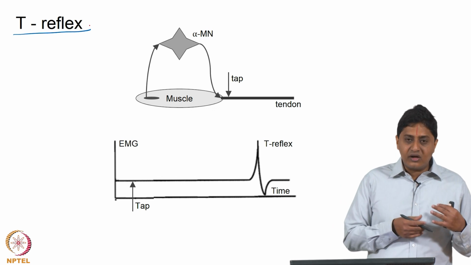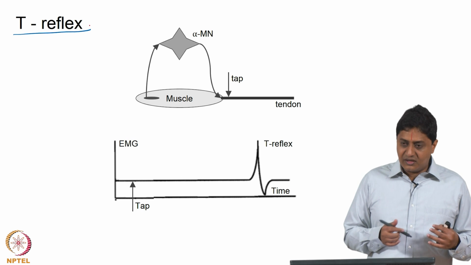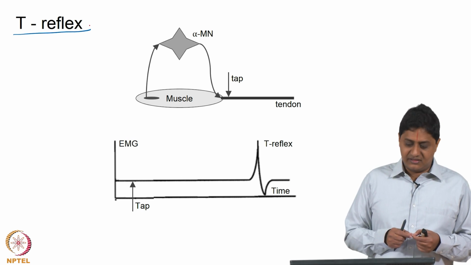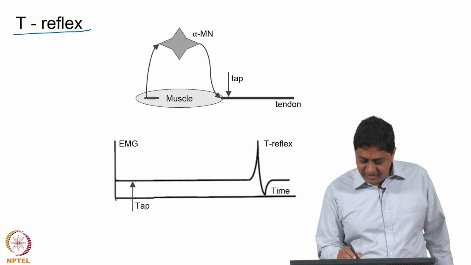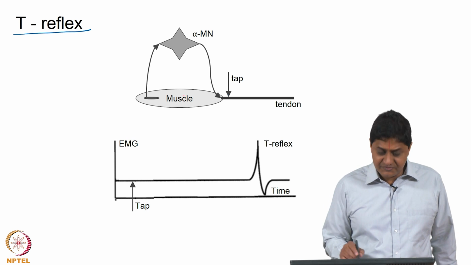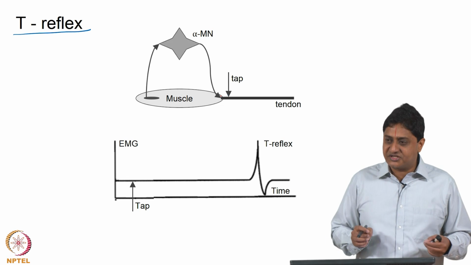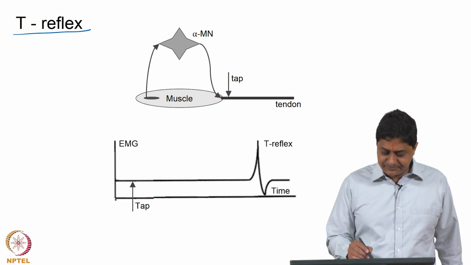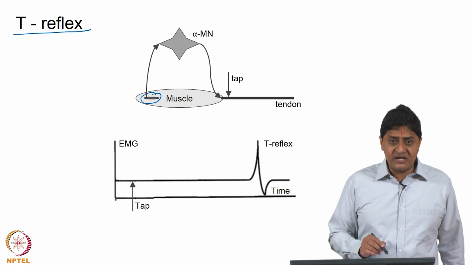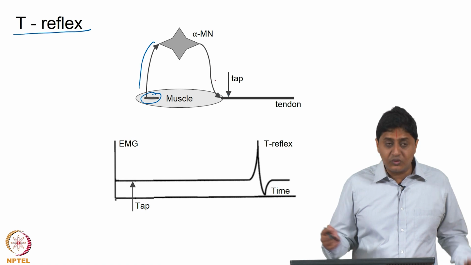The electrical analog of this T reflex is the H reflex. The T reflex is a monosynaptic reflex. So, if I tap the tendon, the muscle spindle senses the sudden stretch, and then immediately the 1A afferents will start firing and command the alpha motor neuron to contract.